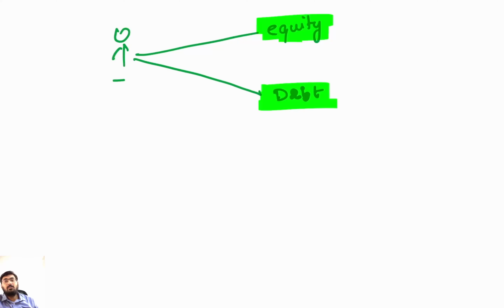It's just like a doctor who reads all your test reports before giving you a diagnosis. Similarly, the investors and lenders will read the financial statement before giving the money to the company.